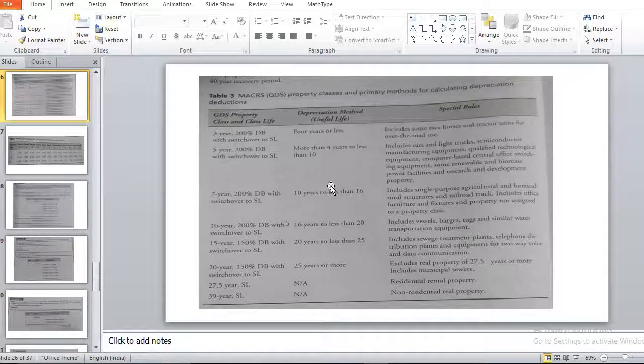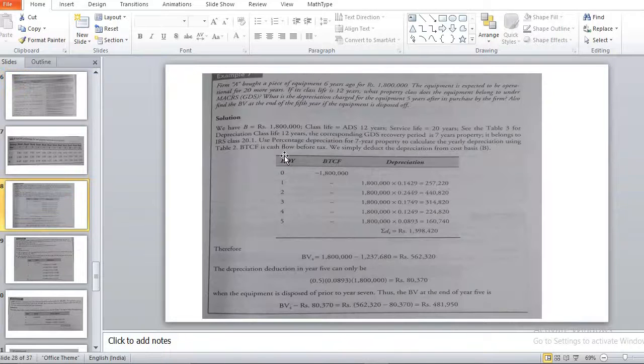So the GDS class life year you can use is 7 year. So for this class life of 12 years, the corresponding GDS recovery period is given as 7 year.